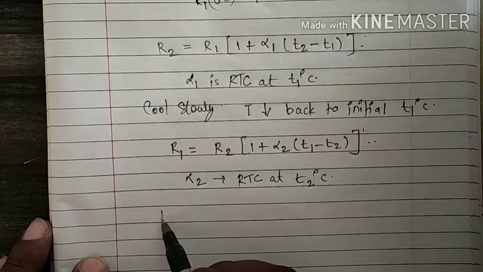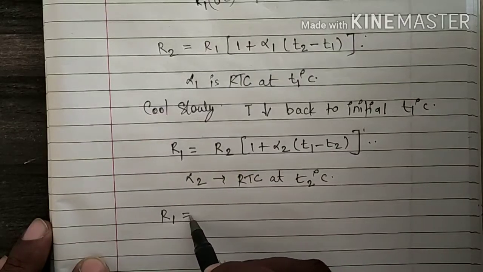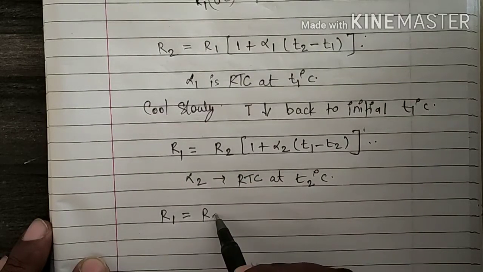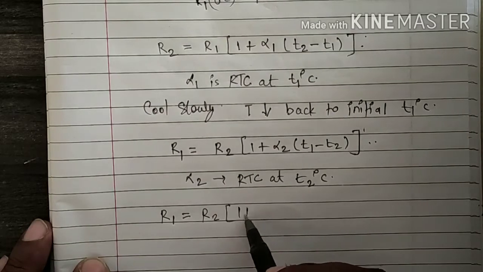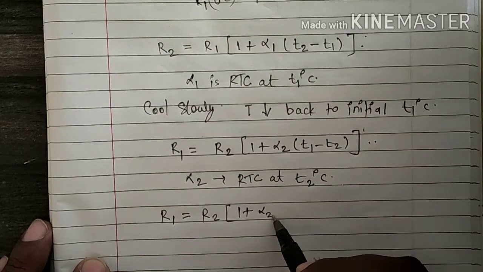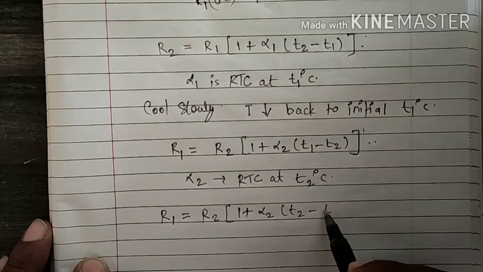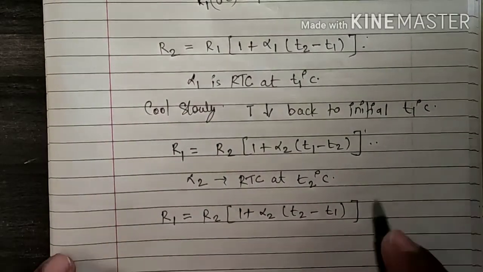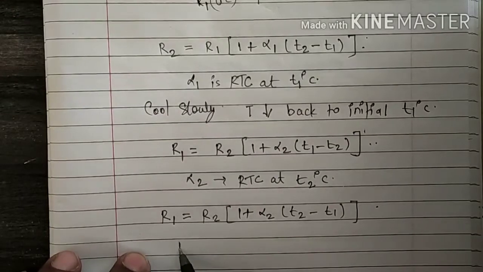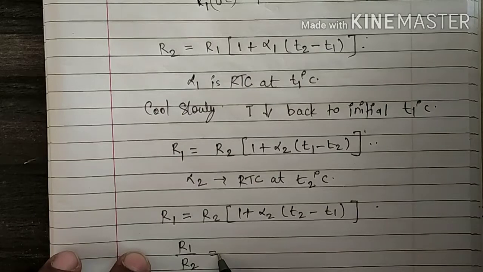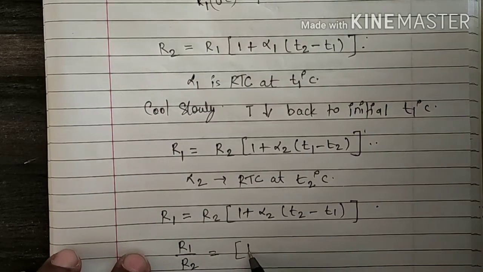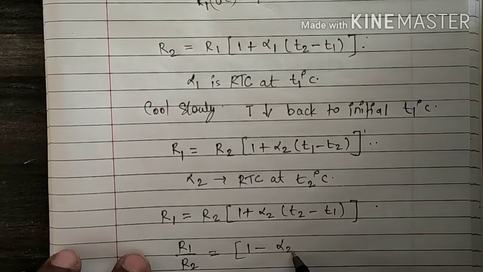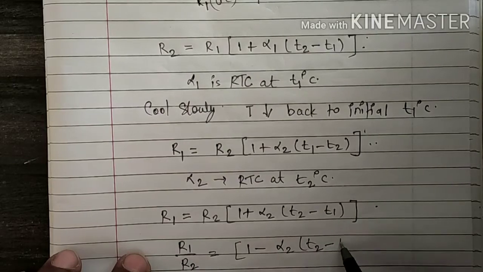So I'll write this expression, R1 equals R2 times 1 plus alpha 2 times T2 minus T1, as the first representation. Then if I take the ratio R1 divided by R2, it will come to 1 minus alpha 2 times T2 minus T1.